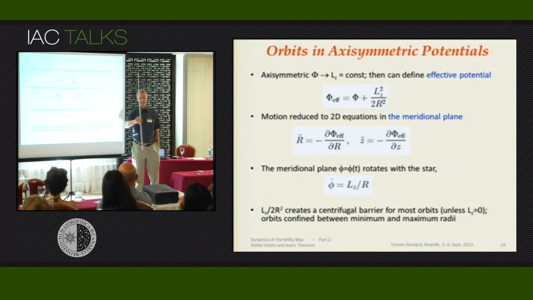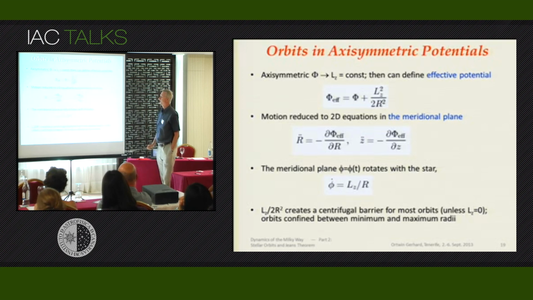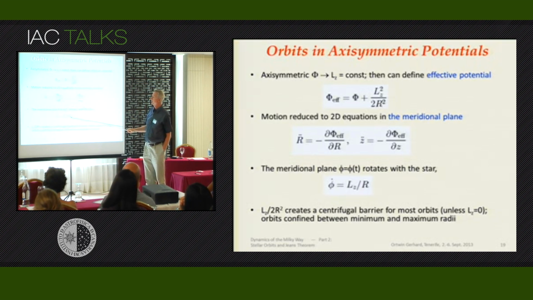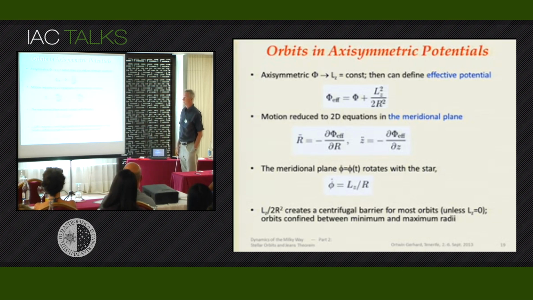And then the third dimension is described by this simple equation where the phi dot variable, the angle around the symmetry axis, evolves according to L over R squared. And so this plane, phi of t, once you solve R for this equation, you can put it in here, and then you know what phi dot is.